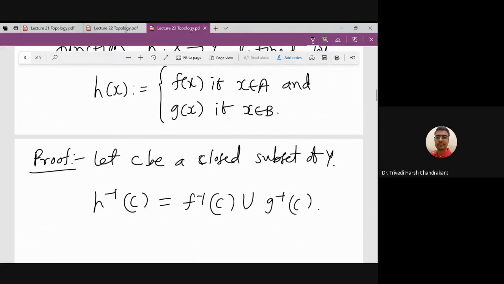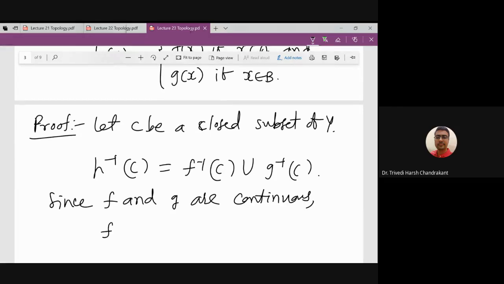So now we are done, because we know that F and G are continuous functions and C is a closed set. So F inverse C and G inverse C are closed sets.